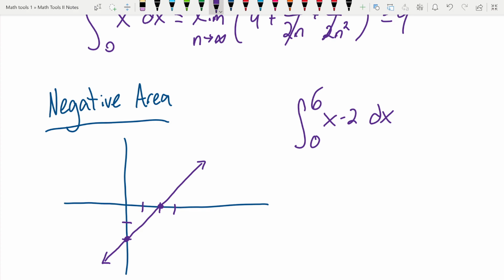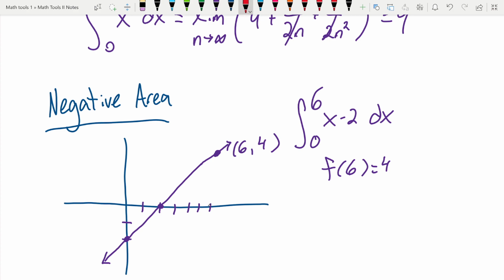So we can easily do this using geometry. Extending this out a bit, f of 6 is going to be 4, so the point is (6, 4), and that should be the only other point we need.